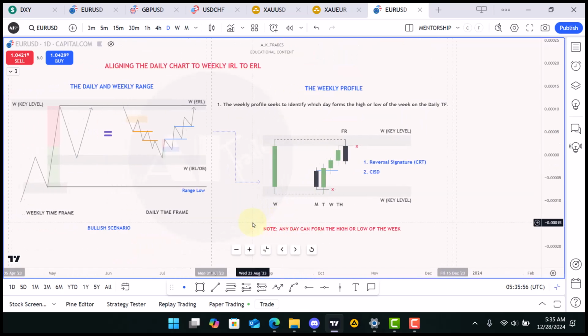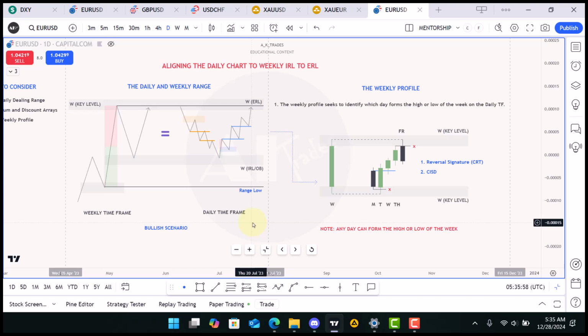So basically, that is all about using the daily time frame or the daily chart to predict how the weekly candle is going to be.